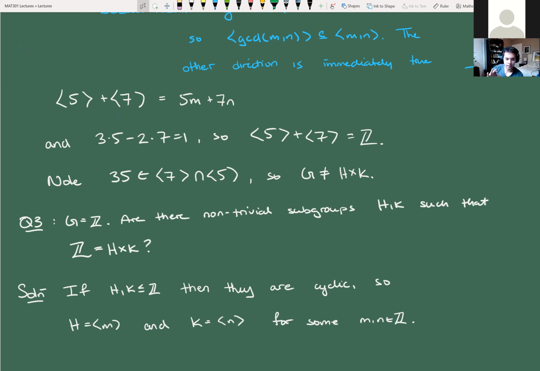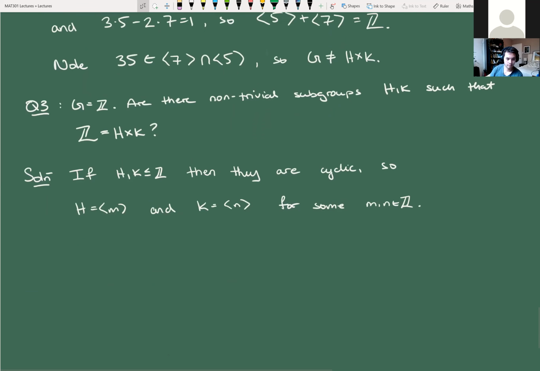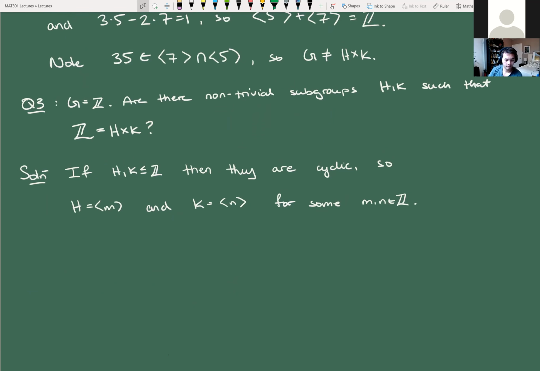So can somebody give me something in H intersect K, which is not the number 0? Right, exactly. But note that M times N is always going to be in H intersect K, right?